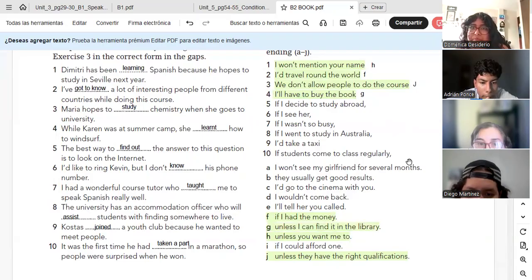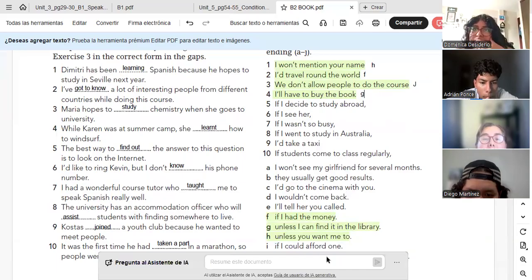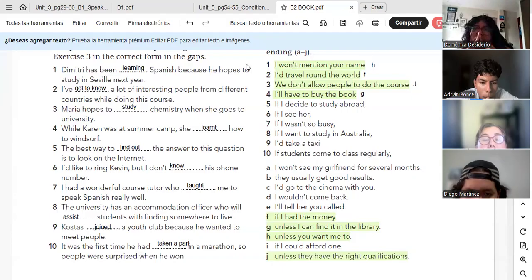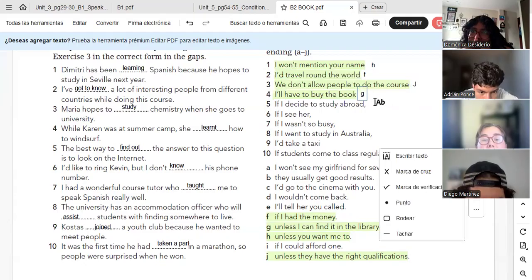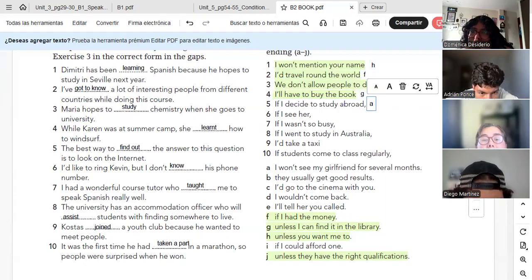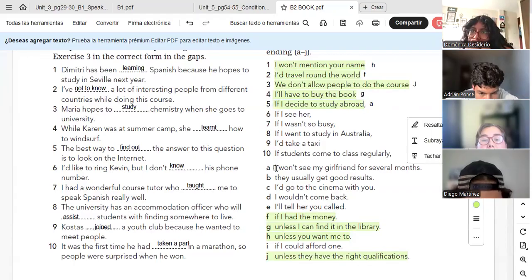Katie, number 5. A. If I decide to study abroad, I won't see my girlfriend for several months, probably. Okay, this is letter A. Thank you, Katie.